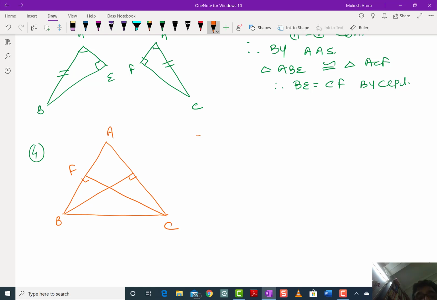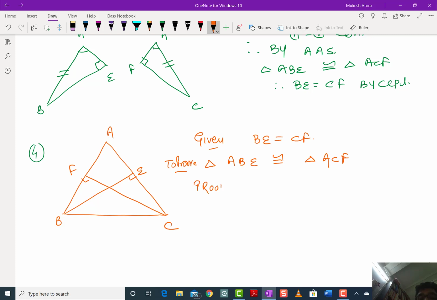They are equal altitudes. Given BE is equal to CF, prove that triangle ABE is congruent to triangle ACF, and also that triangle ABC is isosceles.